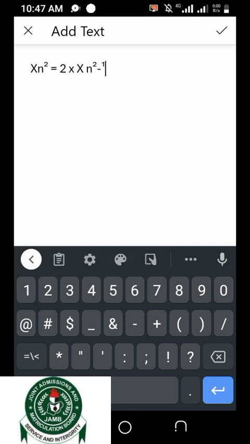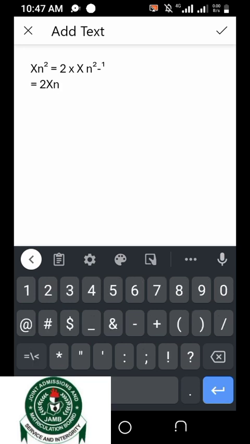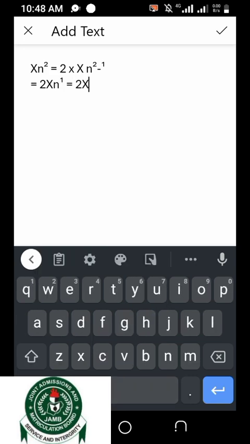So this will be equal to 2x raised to the power of 1, which can also be written as 2x.